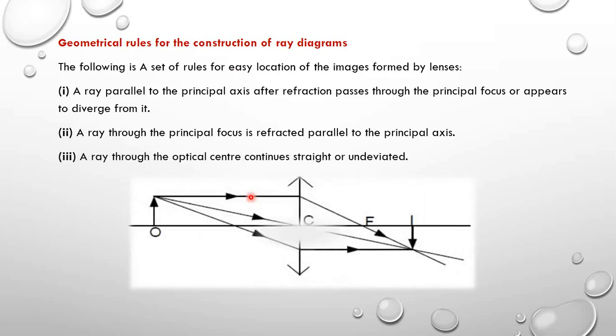And now let us look at this for a converging lens. A ray parallel to the principal axis is refracted through the principal focus. A ray passing through the principal focus is refracted parallel to the principal axis, and a ray passing through the optical center C is not refracted, it is undeviated, it just continues in a straight line.